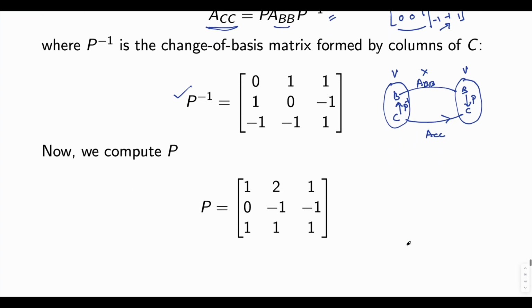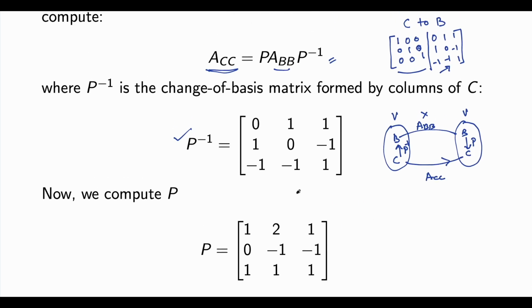Now you know how to write P as well. To compute P, you can use the same way, but from B to C. P matrix means B to C. So the C columns are already 0, 1, minus 1, 1, 0, minus 1, 1, minus 1, 1, right?